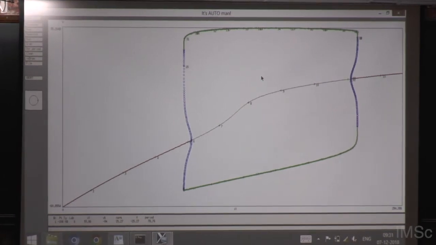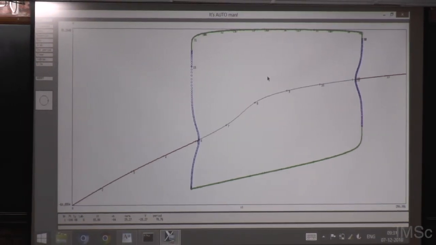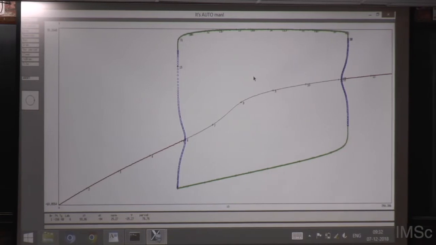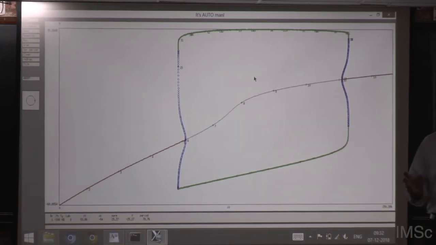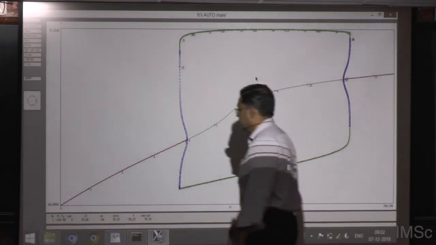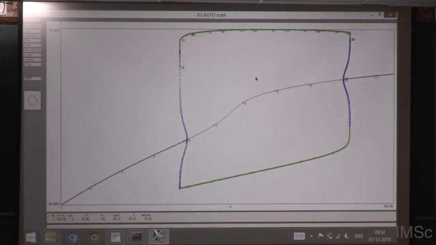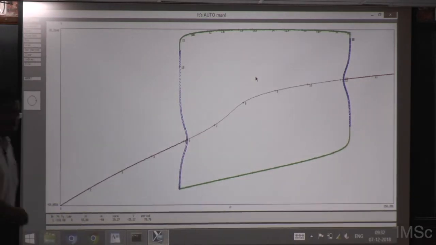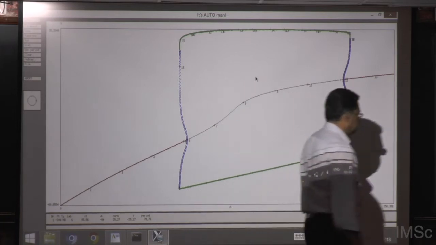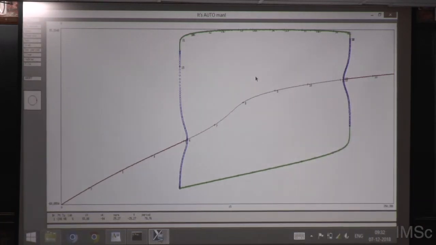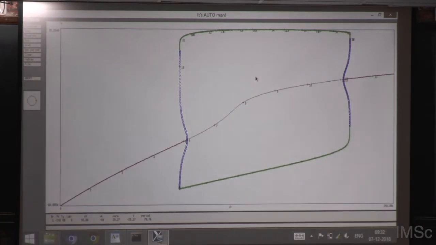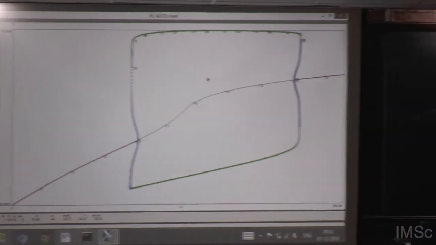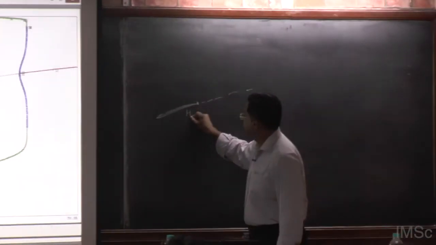Okay. That being said, let's take a look at what happens if you pass through a Hopf bifurcation and a branch of periodic orbits occurs. There could be two ways in which this could happen. One way is the following. Suppose you go from a stable to an unstable fixed point regime in passing through the Hopf bifurcation.